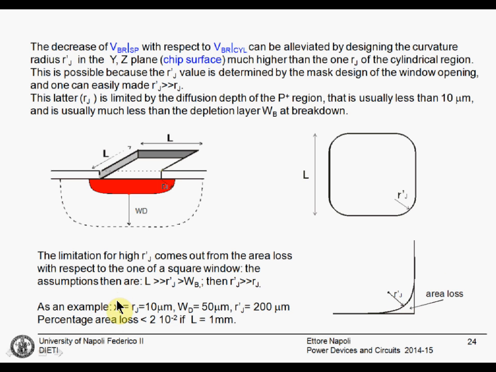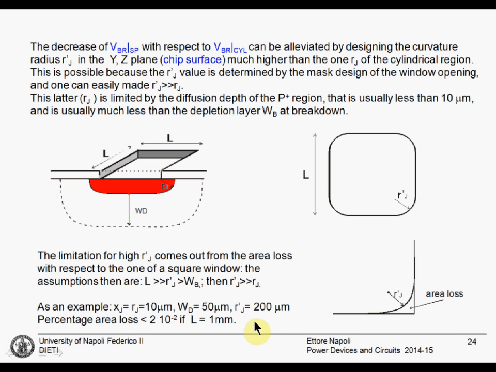For example, for the thickness of the junction, that is Xj or Rj, of 10 micron, that is a reasonable value. 10 microns of junction is also quite big. The depletion region is 50 micron, and this is a reasonable value for a 600 V to 1 kV breakdown voltage device.